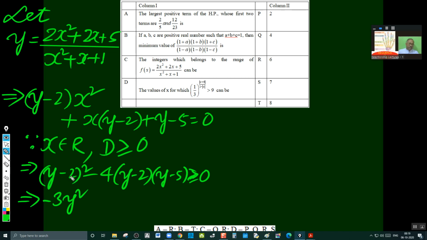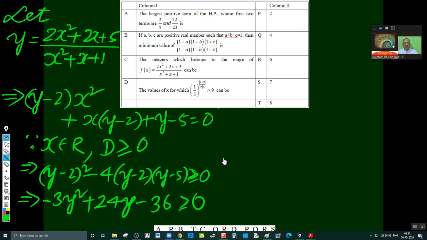And it is minus 4y, minus 2y, minus 5y, minus 7y, 28y minus 4y is nothing but 24y minus 20. And the constant is minus 40 plus 4, minus 36, should be greater than or equal to 0.